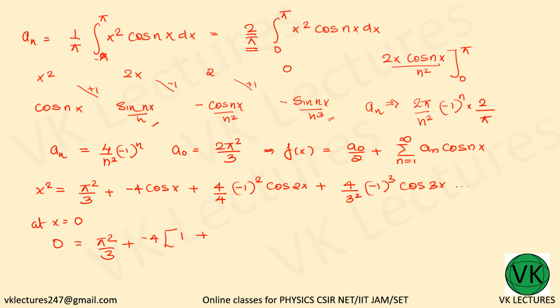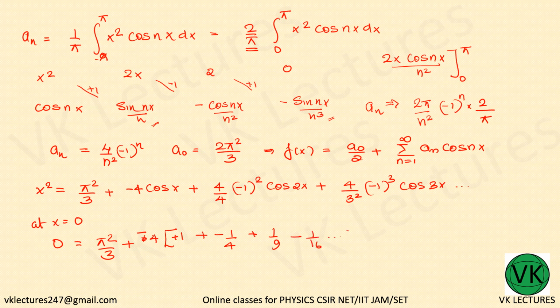Let's take minus 4 into plus 1, plus 1 by 4 cos 0, again 1, minus 1 by 9, plus 1 by 16.